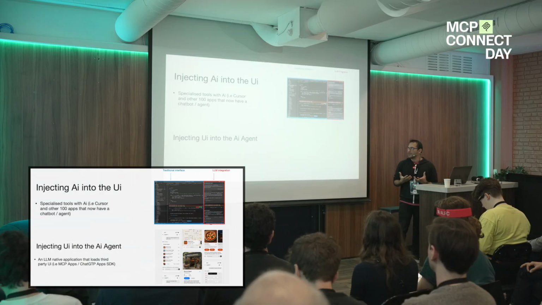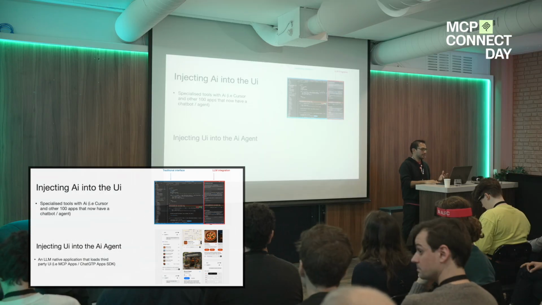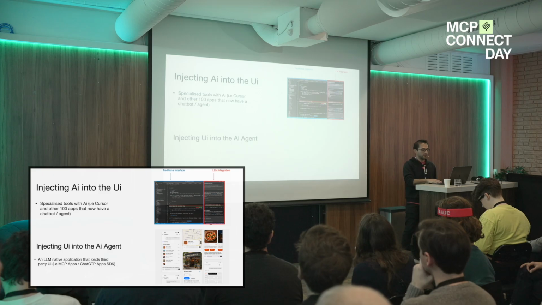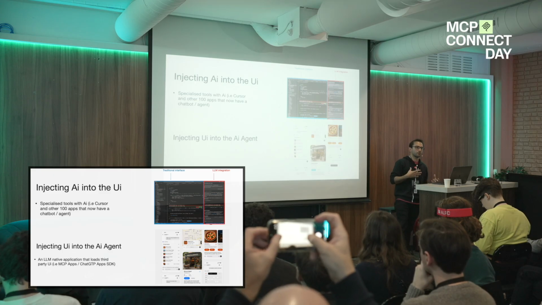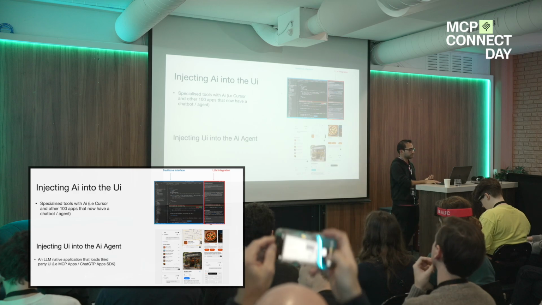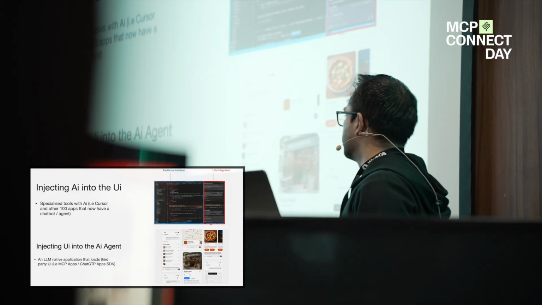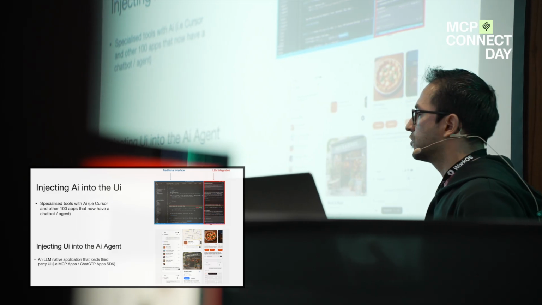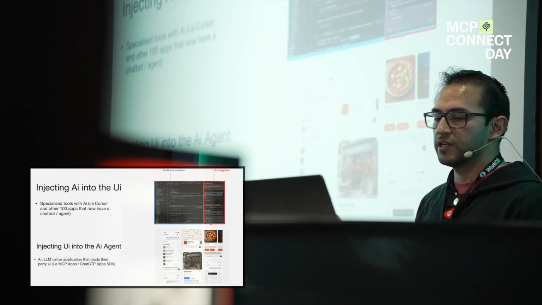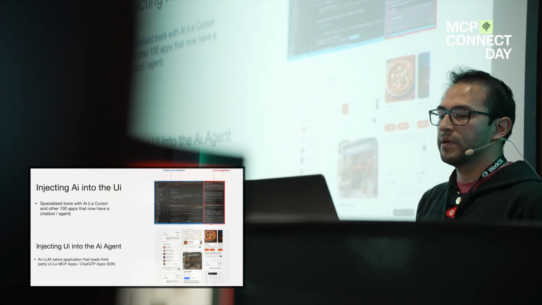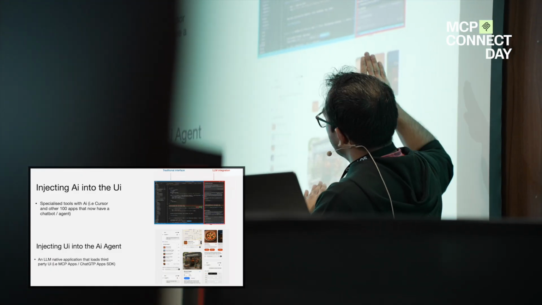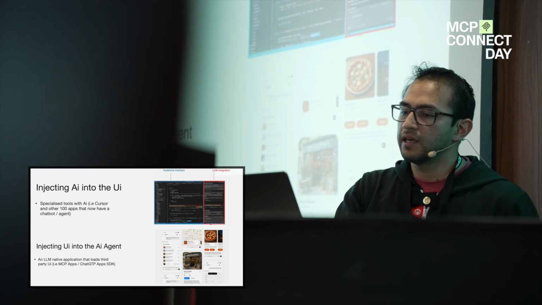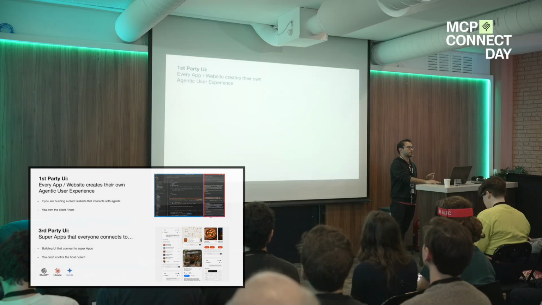The other thing that is happening is we've been looking at MCP apps and ChatGPT apps, which is the other way around: we are injecting UI into the chatbot or the AI agent. In this form, the LLM just loads third-party widgets or UI. The interesting thing about this is it maps one-to-one to what I call the 2 types of UI.